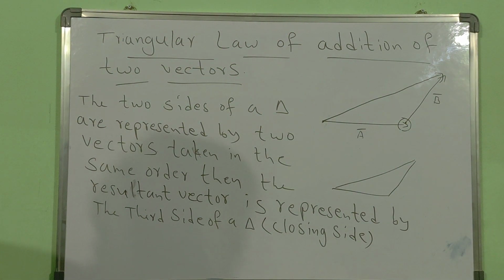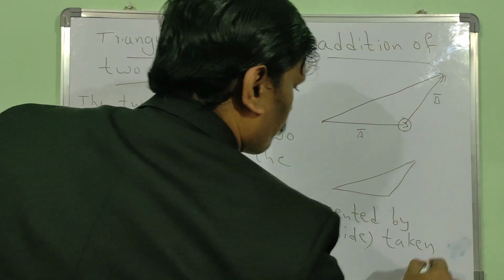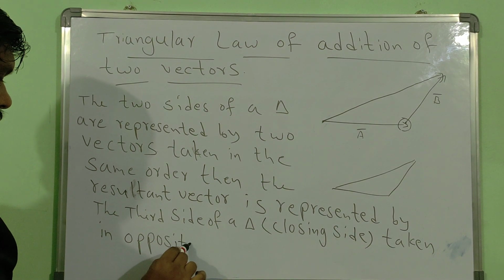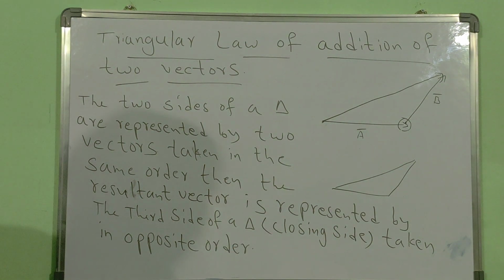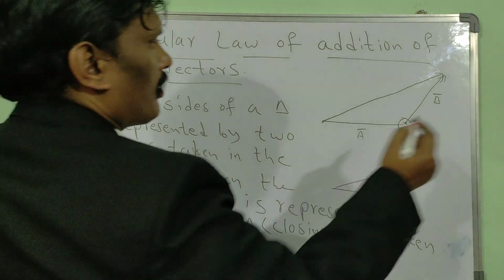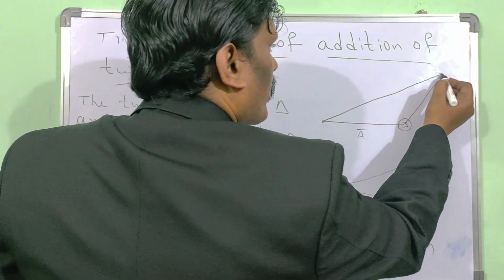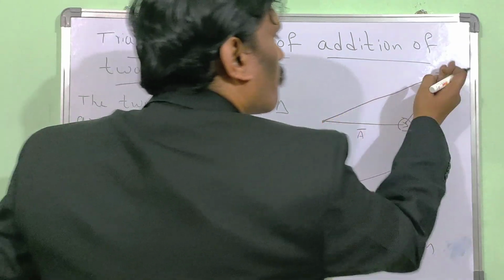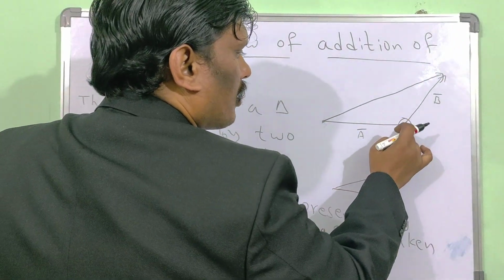Taken in opposite order. Observe here. Here both tails meet, both heads meet. That's why we take it in opposite order. These two are taken in the same order. Observe here.